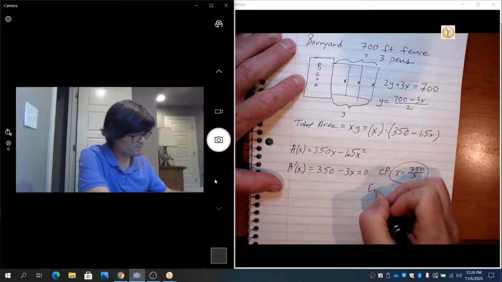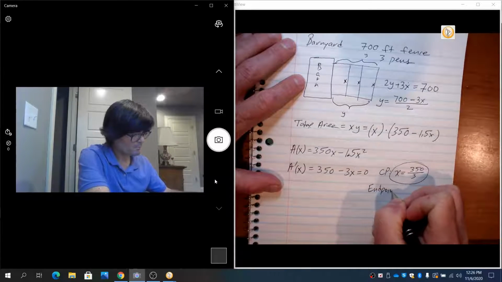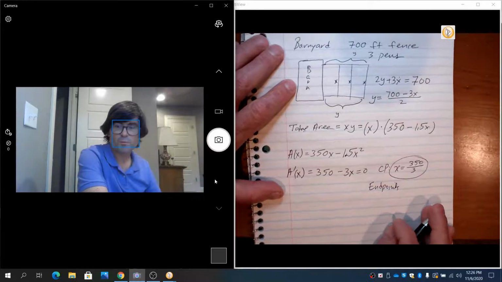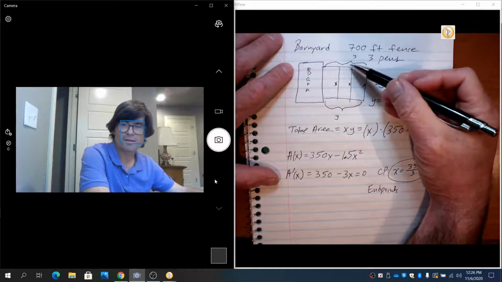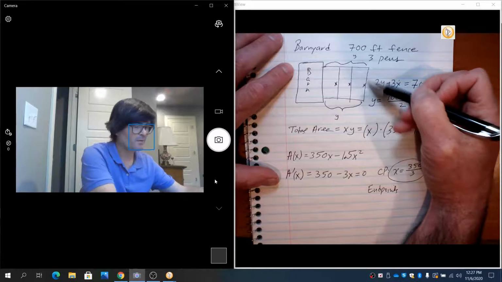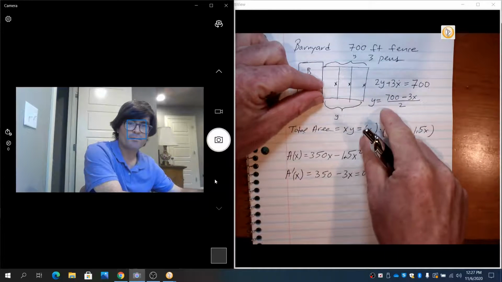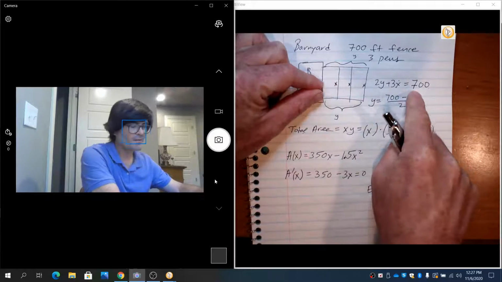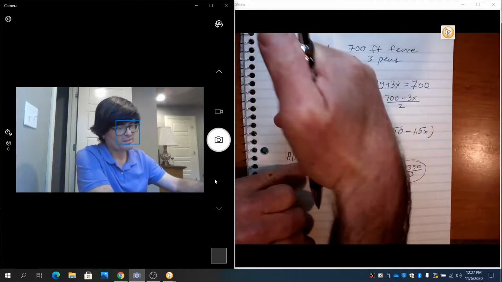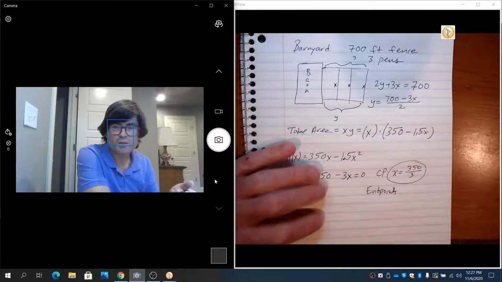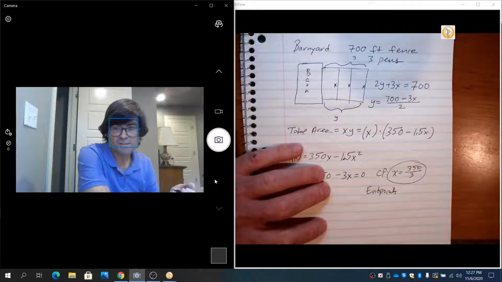Also endpoints. Now the endpoints here are kind of trivial. You could have an x of 0, and it wouldn't be a pin, it would just be basically a line. And then y could be 0, and you just have like a fence along the barn. The reason those are trivial is they lead to an area of 0.